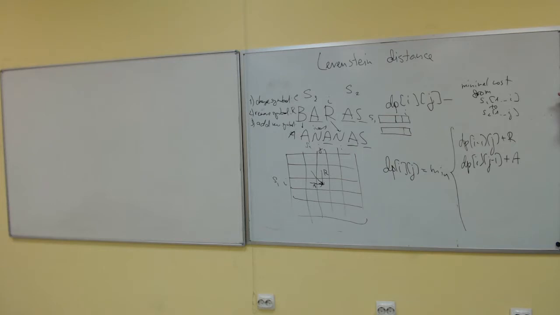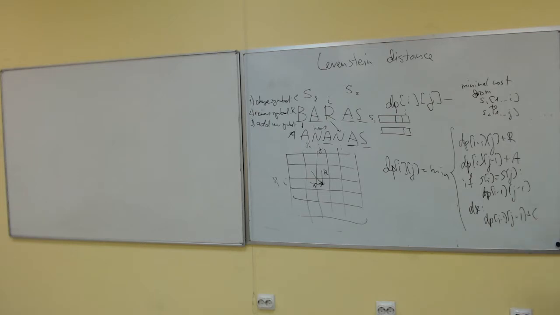Yeah, if they are equal, you don't have to change anything. So here: if Si equals Sj, then take dp[i-1][j-1], or else change one character to another character. That's it.